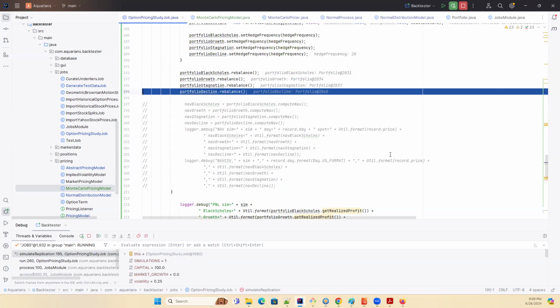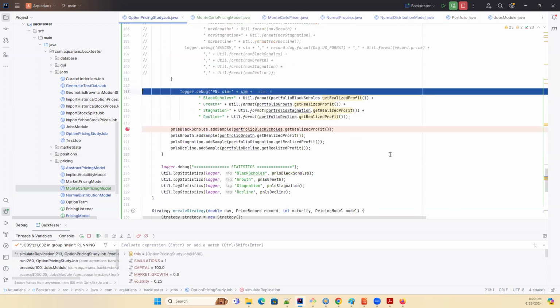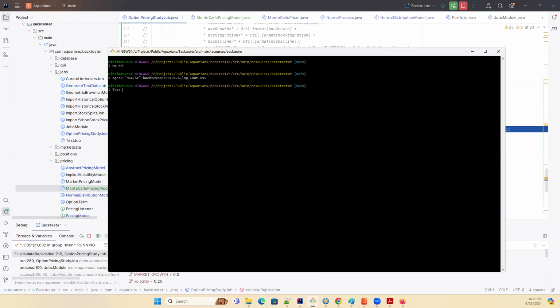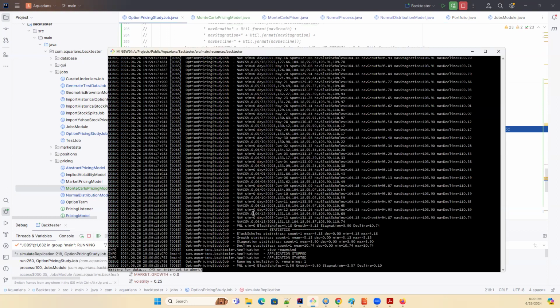All the other positions have, we've closed everything, and let's look at the P&Ls for the different pricing models. So Black-Scholes, we lost 3.56.